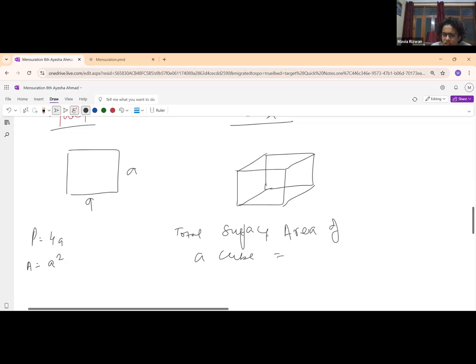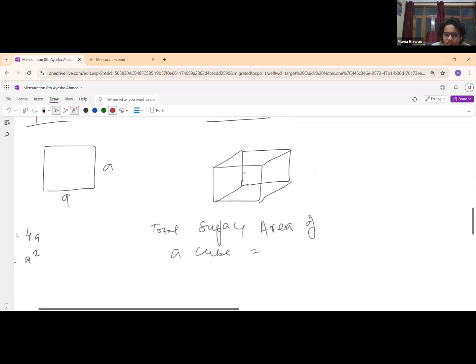that is area of face 1. So let's name it face 1. Let's say that this is face 1. Only look at this face. Now this is a square, right? We know that this is a square. Why? Because this is a, this is a, and this is also a.